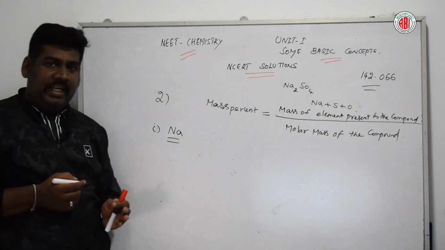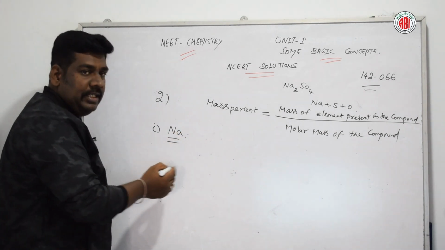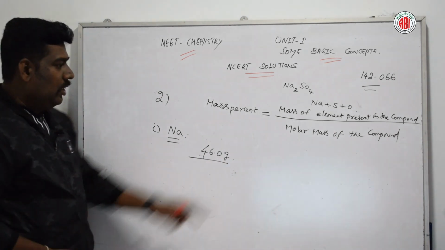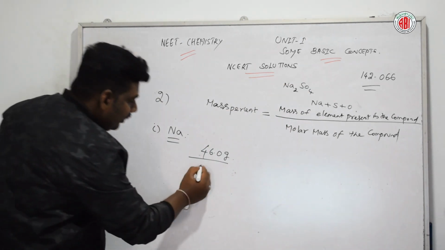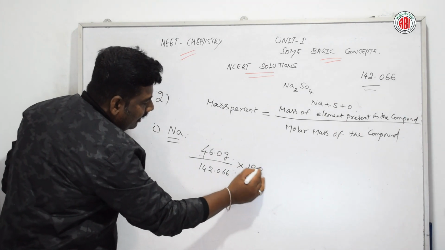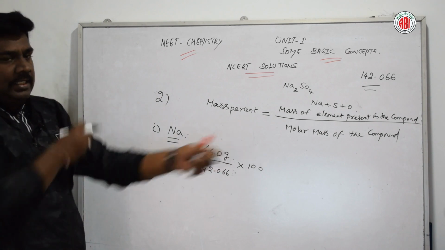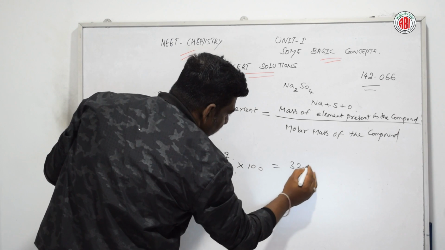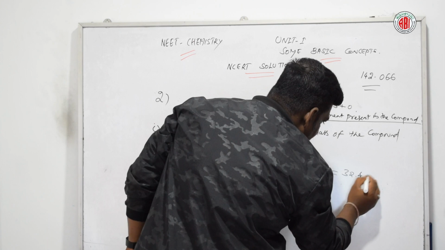The mass of the element in the compound, that we just now found for sodium, is 46.0 gram, divided by the molar mass of the compound, that we just now got, 142.066, into 100 for percentage. Simplifying this, we will get around 32.379, that could be written as 32.4%.